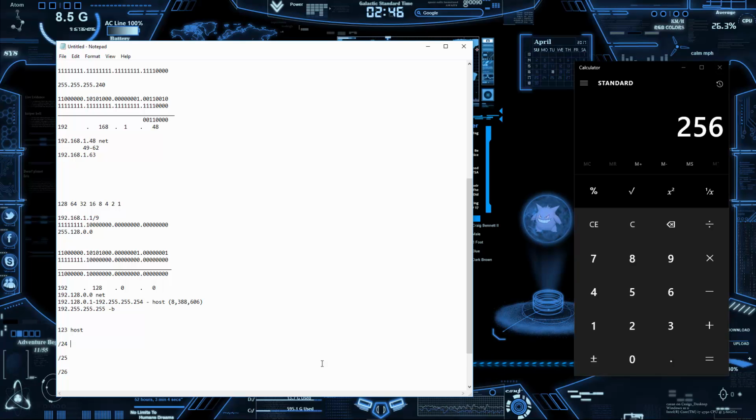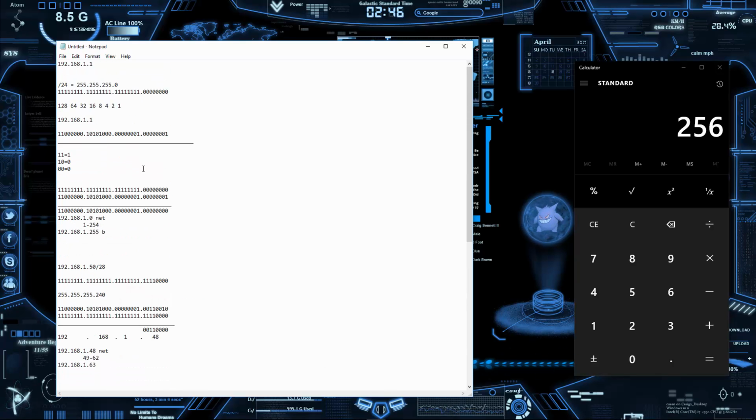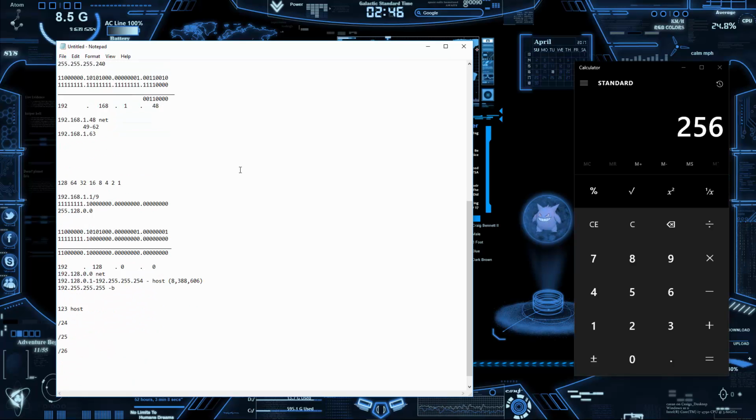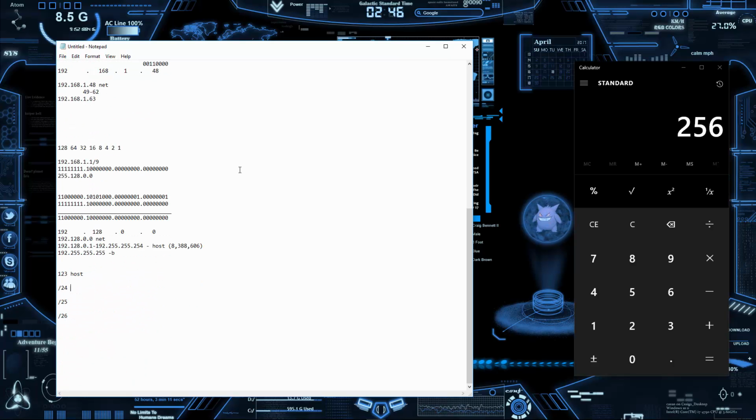So /24, as shown above, is 255 hosts. Keep in mind, you cannot use the broadcast nor the net.